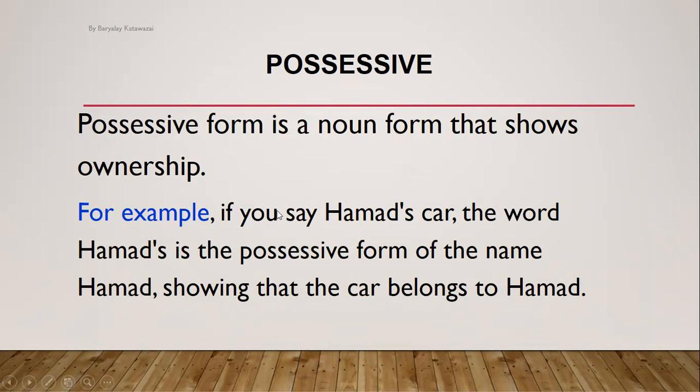For example, if you say Hamad's car, the word Hamad's, with this apostrophe, is the possessive form of the name Hamad, showing that the car belongs to Hamad.